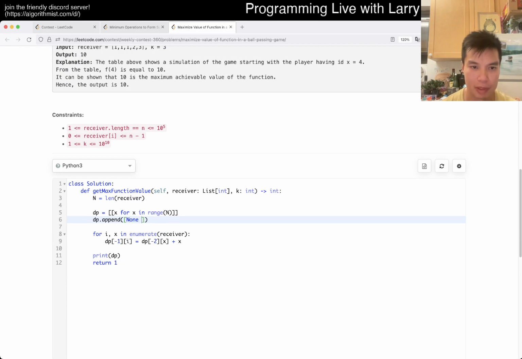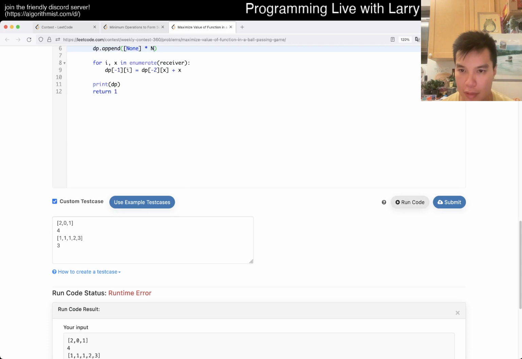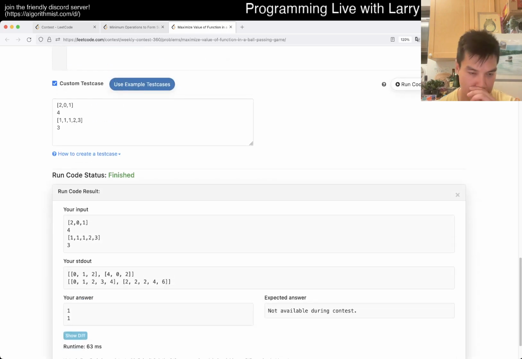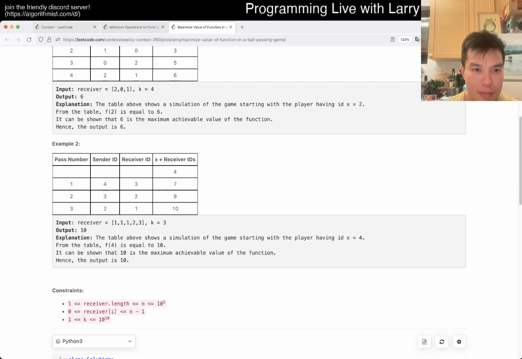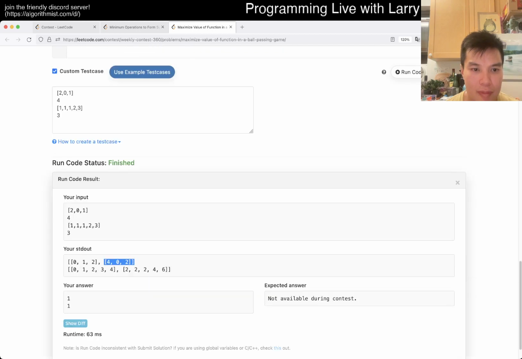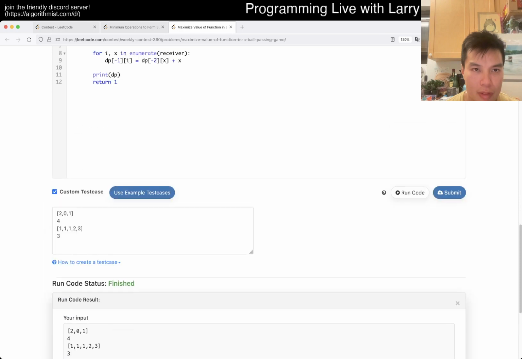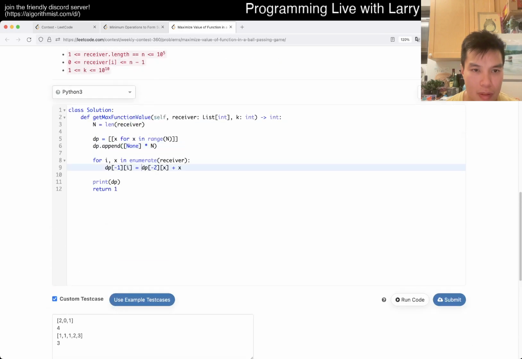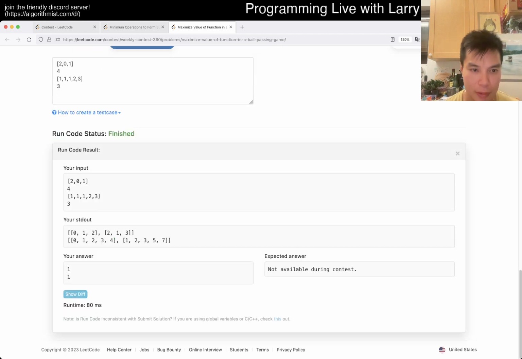Oh, wait, oops, I think I did it wrong. Okay. That's probably wrong. Is this equal to this plus, that's the previous, no, it's this plus i. Yes, okay, because that's the current ID, whoops.